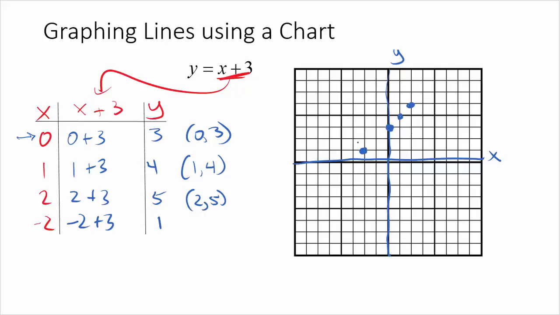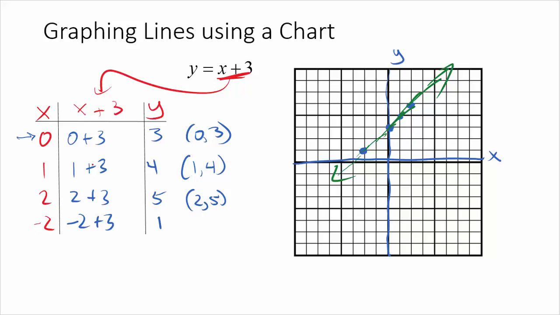Now, hopefully when you're done, if you haven't made a mistake, all of these points will line up nicely and neatly. You can see here that if I connect these dots, they are all going in a nice straight line. If you saw that there was one point out here, you would know that you must have a mistake somewhere in your problem, and it's good to check your work to make sure that's not the case.